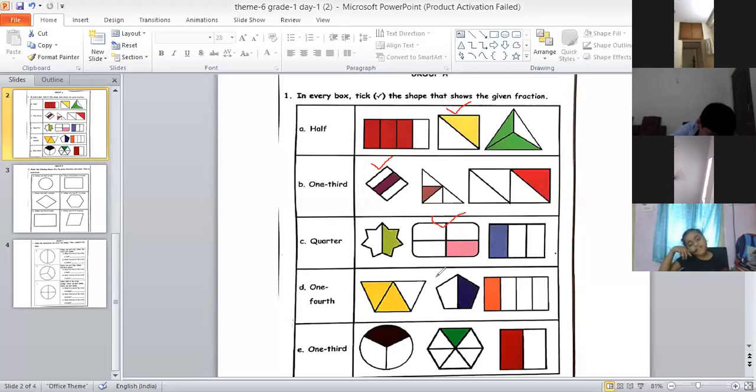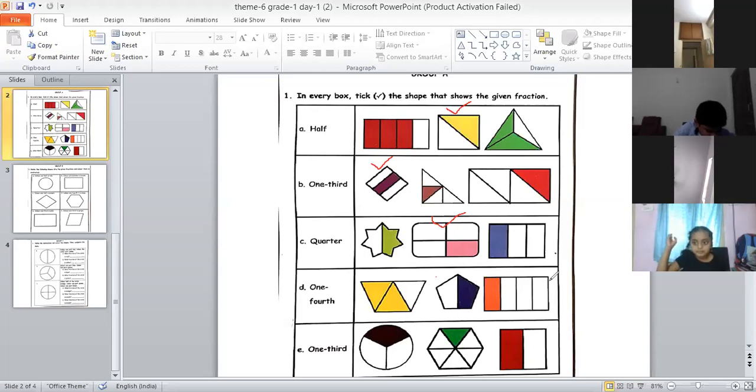If the shaded part, is it representing quarter or half? Half. Yes. This shape is divided into two parts, and the shaded part is representing half. And the unshaded part is also representing half.